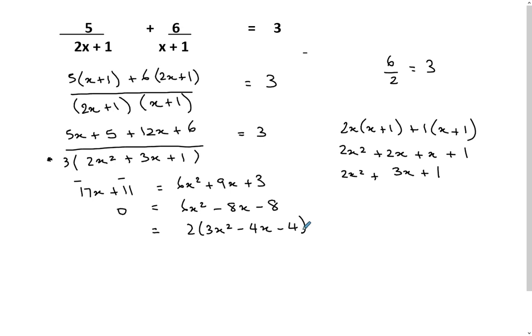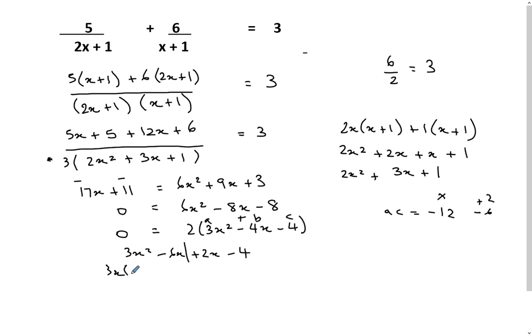Okay, and now we're going to do our AC method. So A, B, C. So A times C is minus 12. Two numbers that add to give minus 4, multiply to give minus 12, a positive and a negative, and you've got minus 6 and 2. So let's rewrite. So we've got 3x squared minus 6x plus 2x minus 4. Split and factorize.